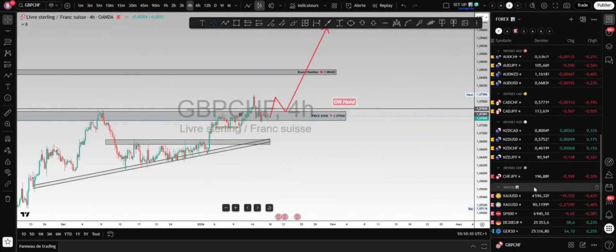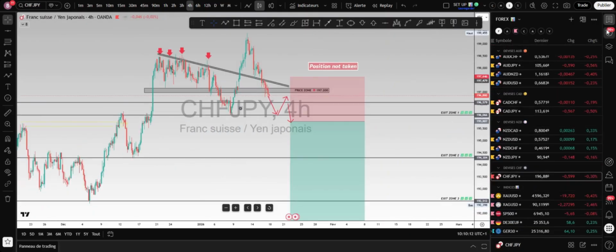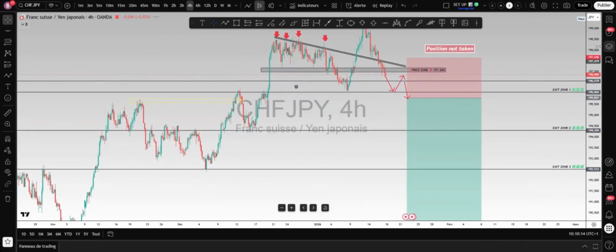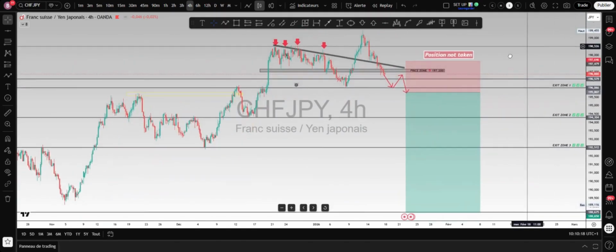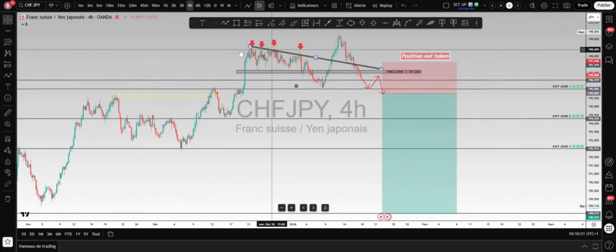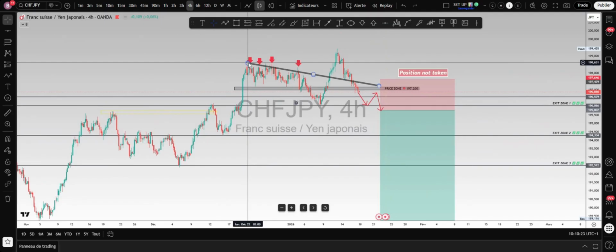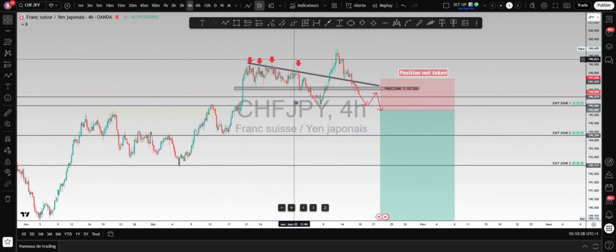And then to finish up, we have CHF JPY. So we are now waiting patiently for a confirmation signal. Last week I drew this line here, an oblique resistance. We can see that the market came to test it once here, twice, 3 times, 4 times, right?